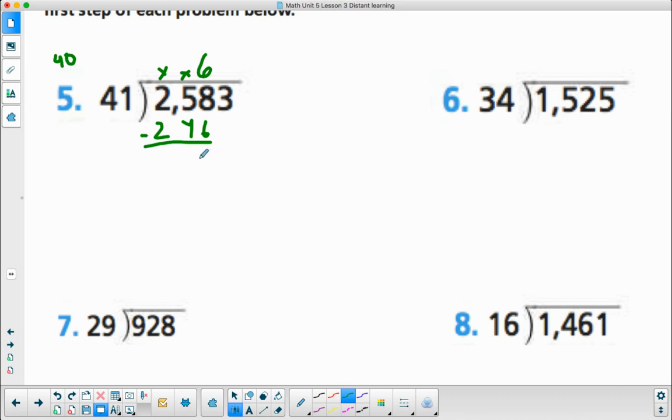As I subtract, I get 12. 12 is less than 41. I do not need to adjust. Bring down my 3. 123 divided by 41, there are 3 4s. 3 multiplied by 41 is 123.